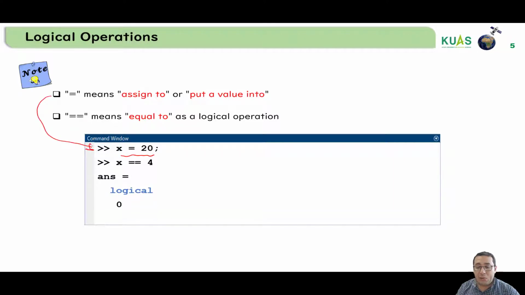So we assign the value of 20 inside the variable x. Then we ask, is x equal to 4? This is the question for the logical operation. And x equals 20, so is 20 equal to 4? This is false. So the output from the logical operation is 0.